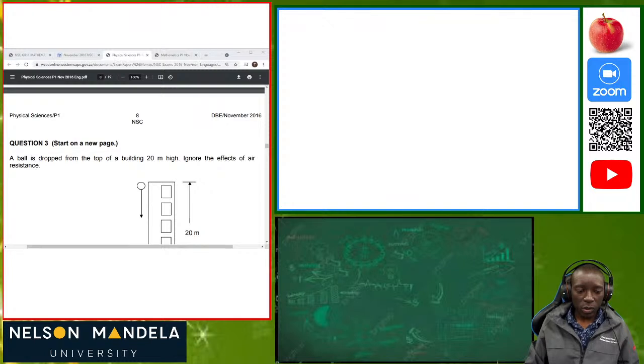So I'm going to connect the tablet so that we can start. Let's see if it's connected.